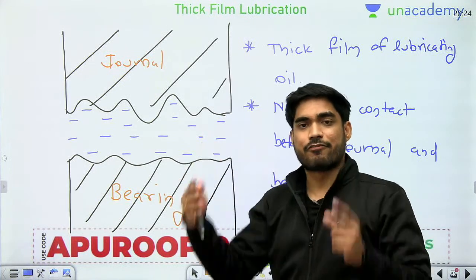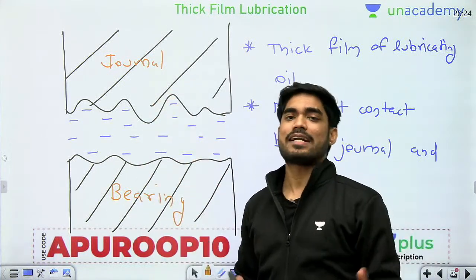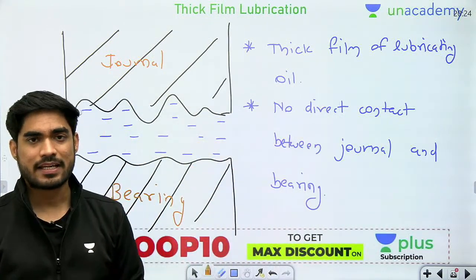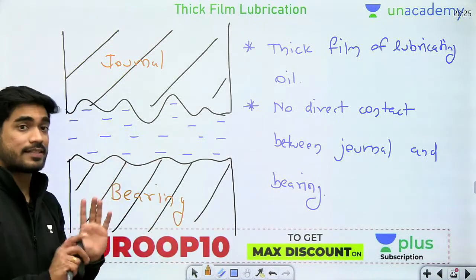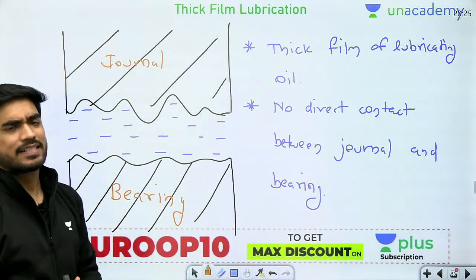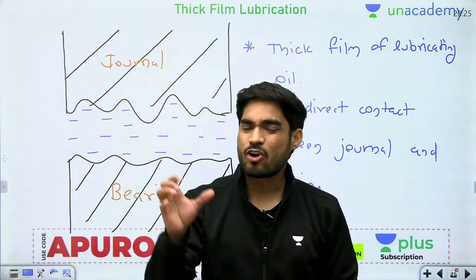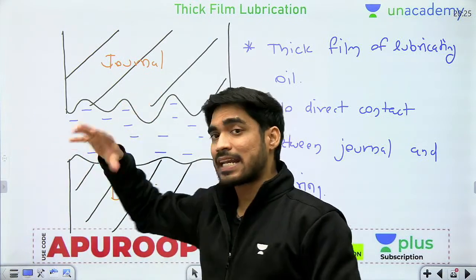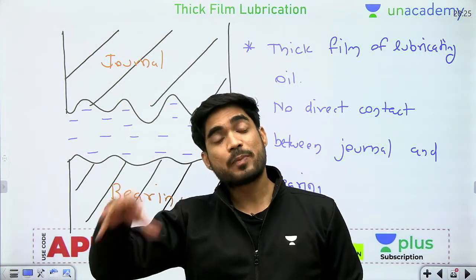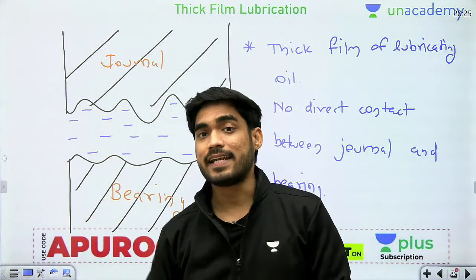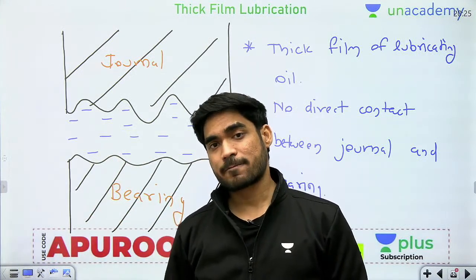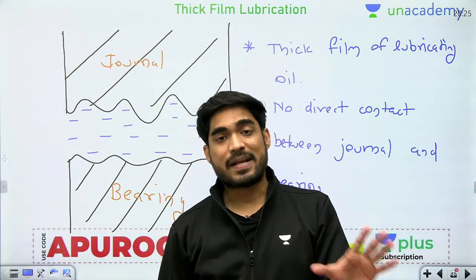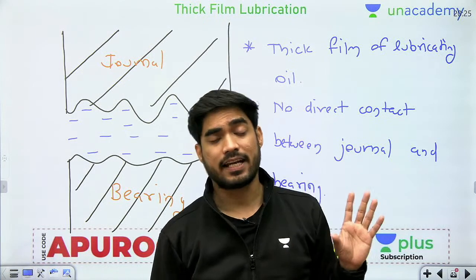That method of creating the pressure is the difference between hydrodynamic and hydrostatic journal bearing. By the name itself, it is clear. Hydrodynamic means what? Dynamic means the journal is moving. So by the speed of the journal, the pressure is created. But hydrostatic means the pressure is not created due to the speed. The pressure is there even if the journal is static.